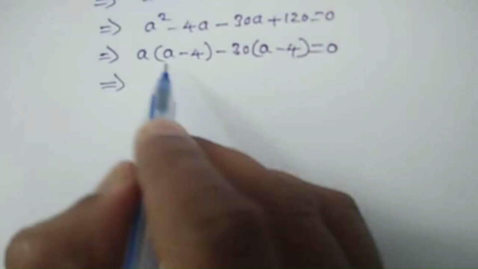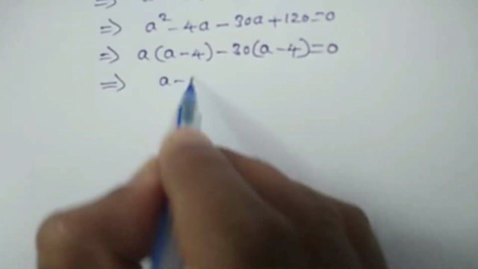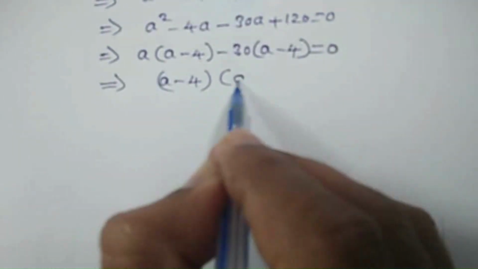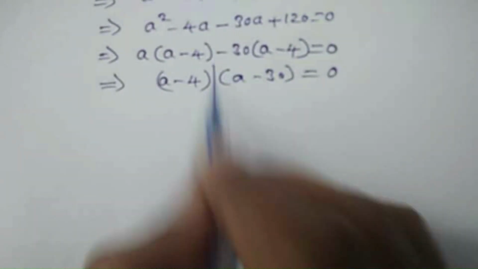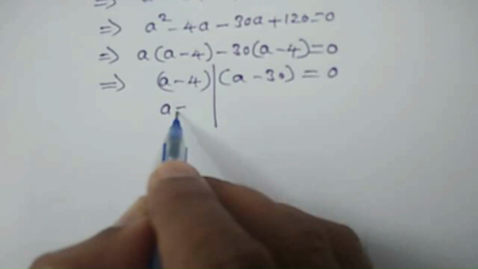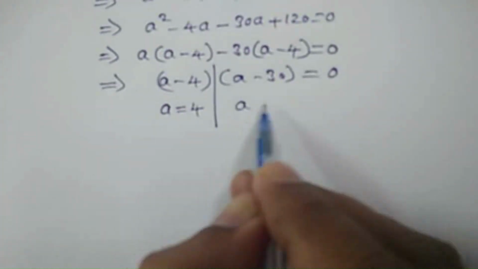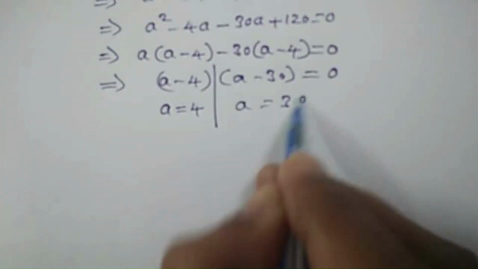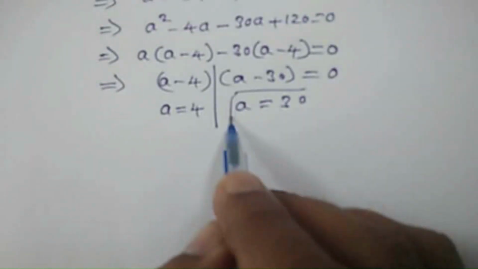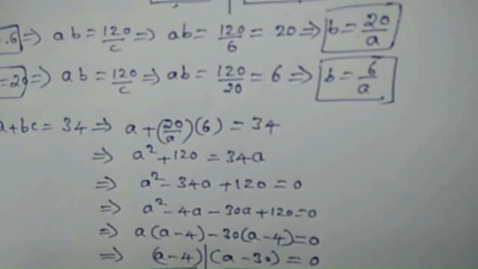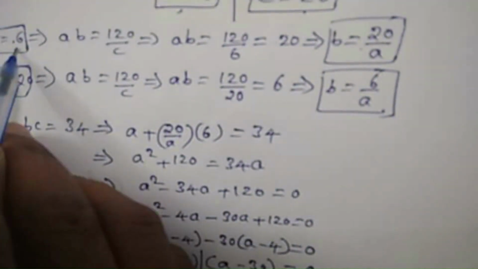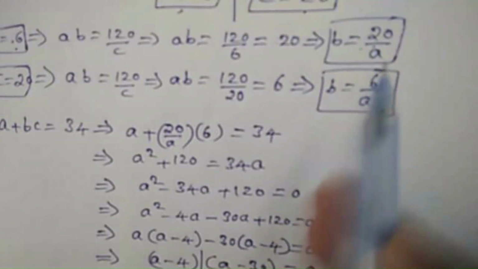That implies take a minus 4 as common, a minus 4 into a minus 30 is equal to 0. From this we can write a is equal to 4 and a is equal to 30. So these are the values of a we got when we substituted the first combination of c is equal to 6 and b is equal to 20 by a.